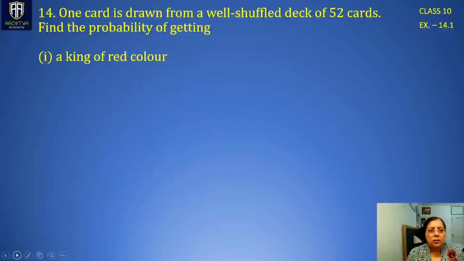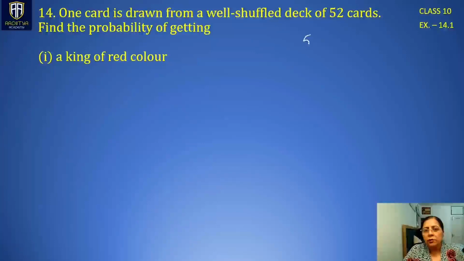The next question is about a deck of cards. Since I have already discussed all kinds of cards in the introductory video, I am trying to do it again in short, but if you get confused, you can go back to that introductory video and learn all the types of cards in terms of colors, suits and face cards.